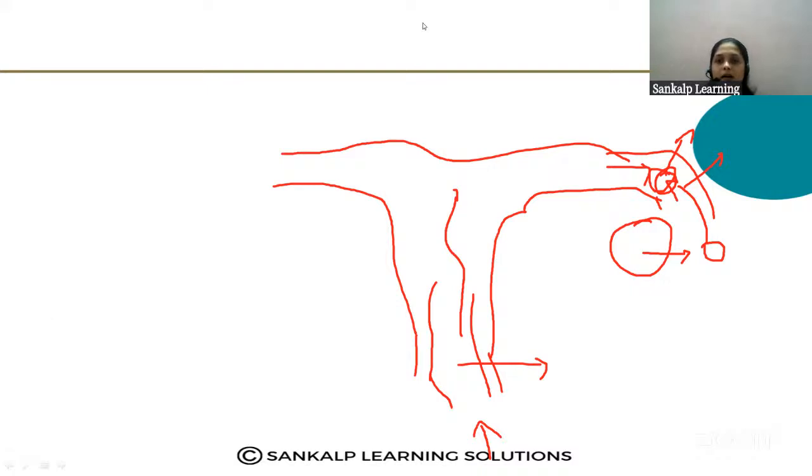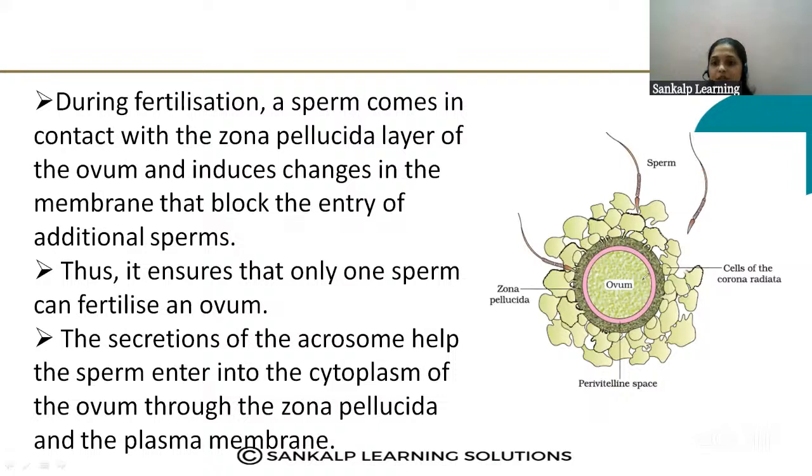Then, when the sperm comes in contact with the ovum, this is the structure of the ovum. Simply we will draw the ovum like this, but actually it is covered by two main layers. In this structure you can observe the two main layers of the ovum. Look here, that is the zona pellucida layer, and this is the corona radiata, right?